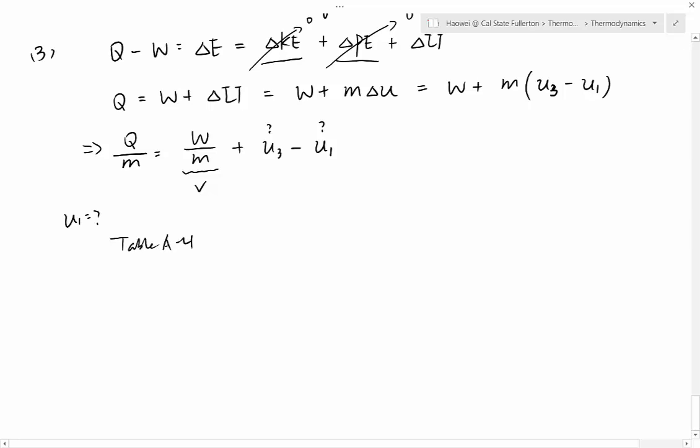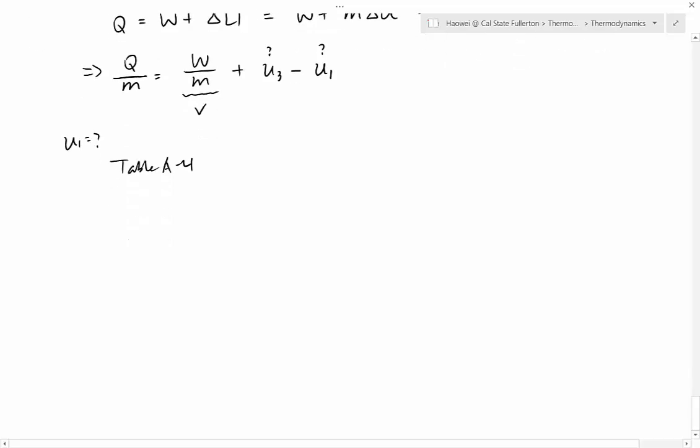When you use table A4, you have to provide 2 inputs, and one of them has to be pressure. Initial pressure is given, 10 bar. The second input we have about number 1 is the initial temperature, given as 400 Celsius. And now you go to the table, you look for the corresponding u.